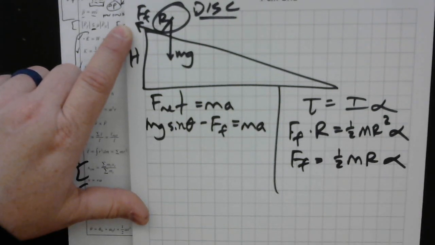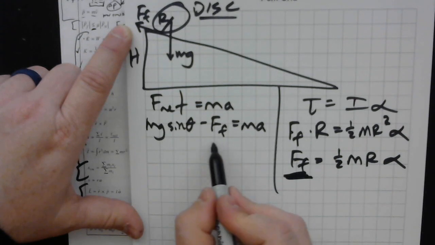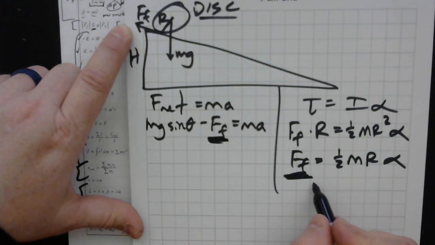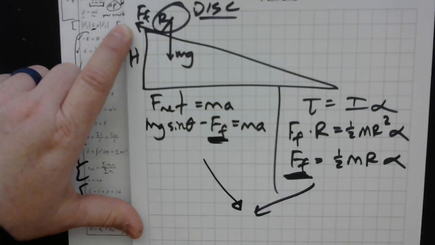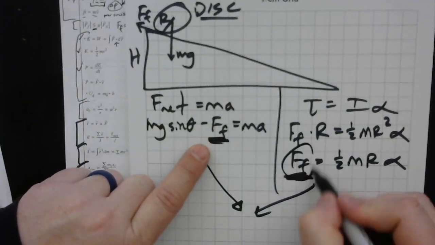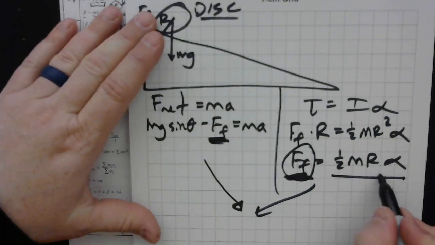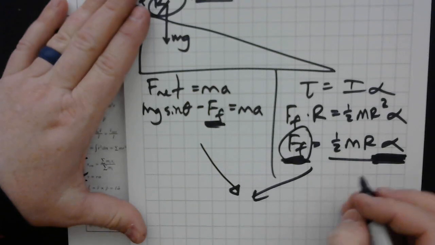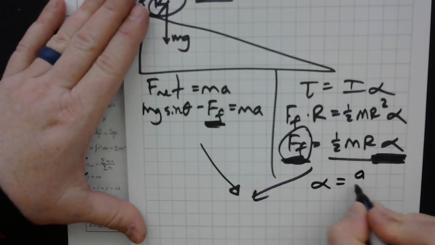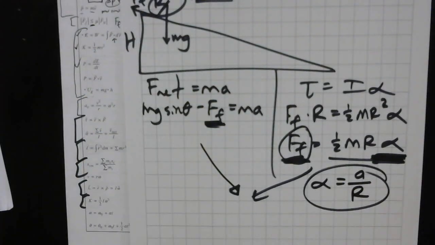I canceled one of those out. So now I can combine these two equations together because I know the force of friction equals that. I can substitute it in. Some of you are sitting there going, but what about the alpha? Well, alpha is a over r. And that's not on your equation sheet, but it's a big idea. So I can substitute it.